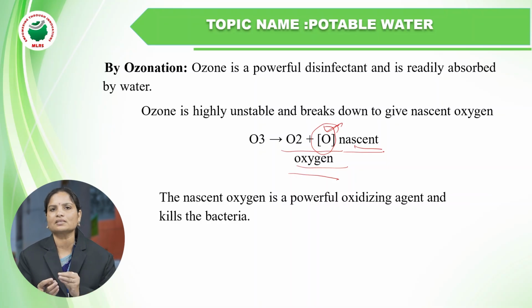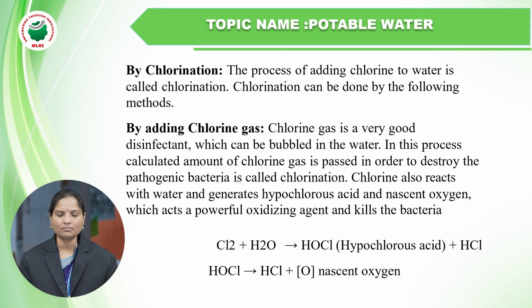It interacts with the bacteria and destroys them in the water. This is the process we call the ozonization process. Ozone is an unstable isotope that is readily absorbed by water.